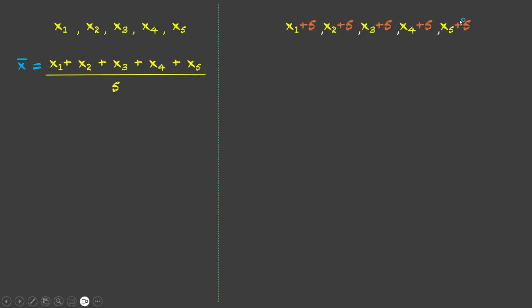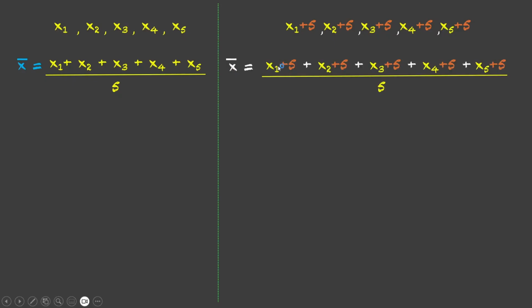Let us say we have 5 data values, x1, x2, x3, x4, x5. Its mean would be the sum of all observations upon the total number of observations. Now we have added a specific constant, let's say 5, to all the data values. So this is a new data set. Its mean would be the sum of all observations, x1 plus 5 plus x2 plus 5 plus x3 plus 5 and so on, divided by 5.